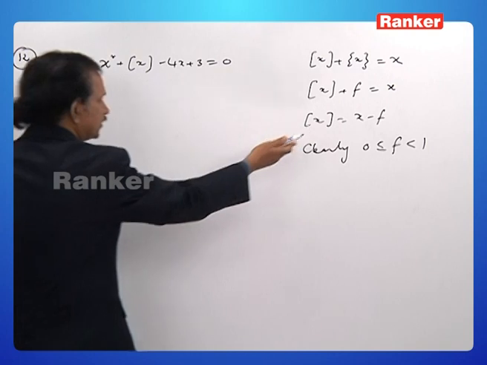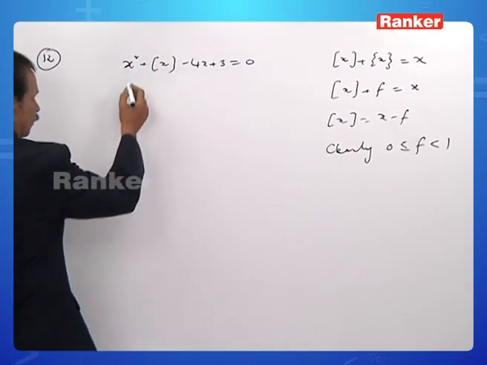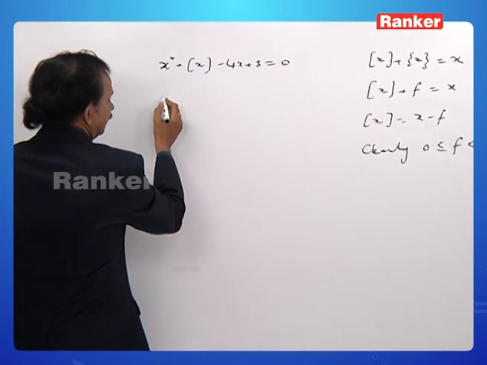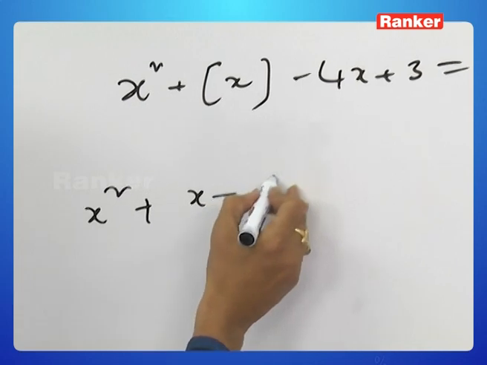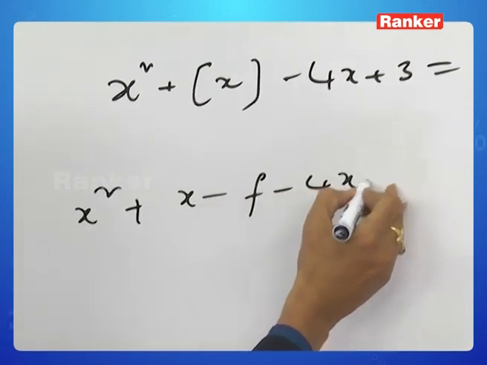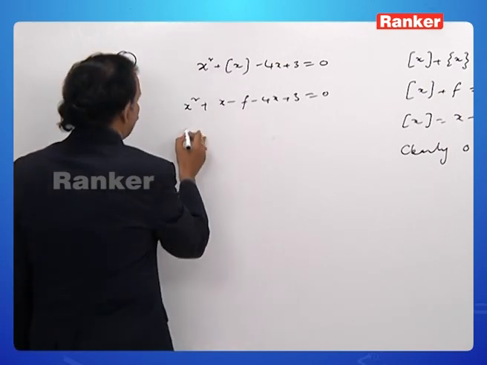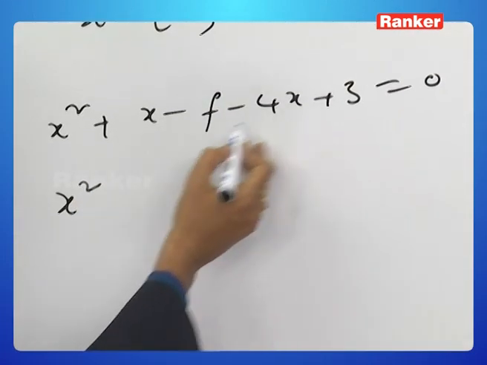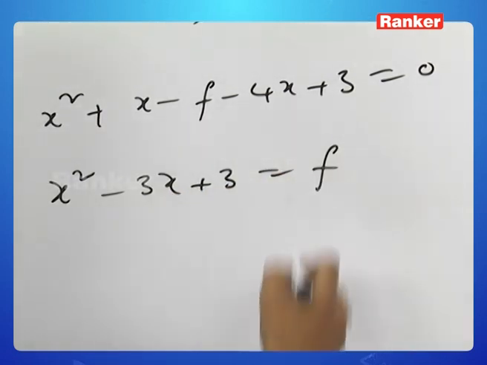Let us use this symbolism in the given equation. What happens to the fate of this equation? x square plus, in the place of integral part of x, you can write x minus f, minus 4x plus 3 is equal to 0. Therefore, x square, x minus 4x is minus 3x, plus 3 is equal to f.